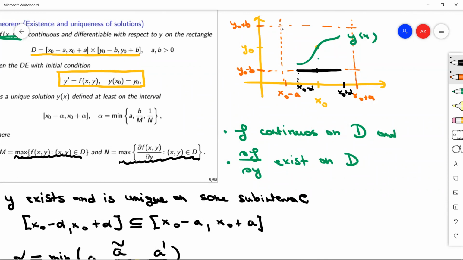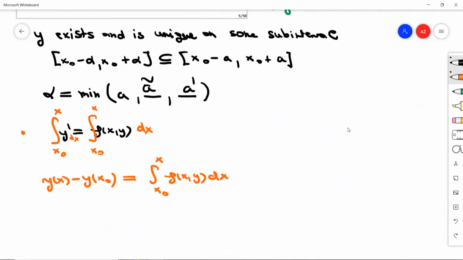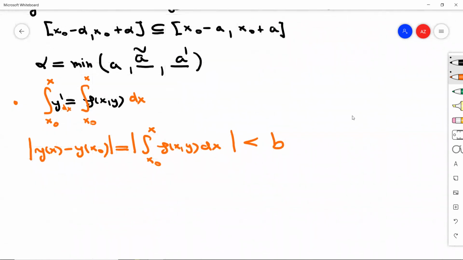That means the difference between y of x and y0 is at most half of the length of this side, so it's b. So the condition is that the absolute value of this is smaller than b. Now let's do some estimation. We will estimate this part. If we have an absolute value of the integral, then this is smaller than the integral of the absolute value.